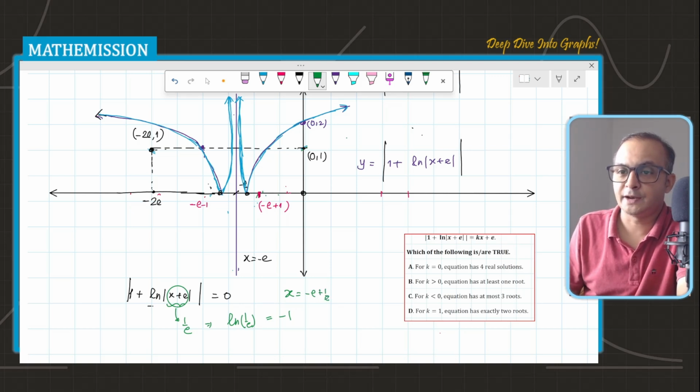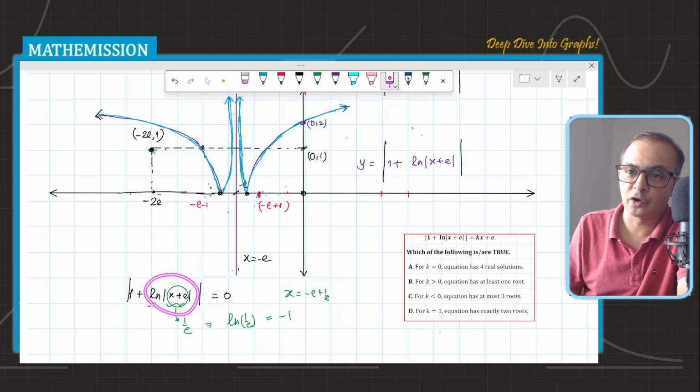If I substitute minus e plus 1 by e at the place of x here, minus e and plus e get cancelled, and we are left with 1 by e, and that will become log of 1 by e, which will give you -1, and this 1 will get cancelled, and then we get the value 0.